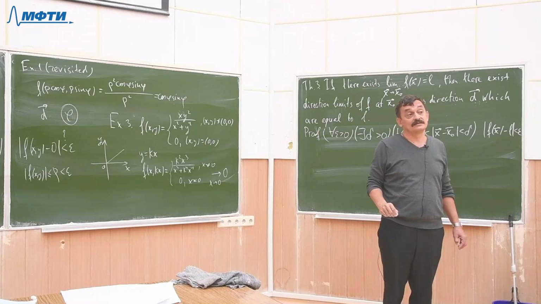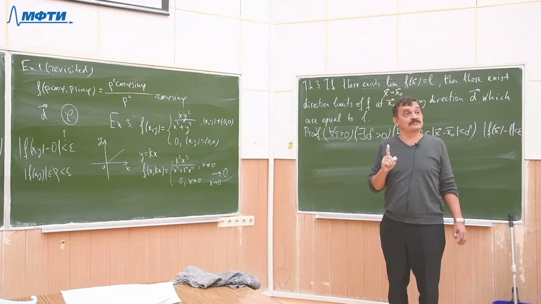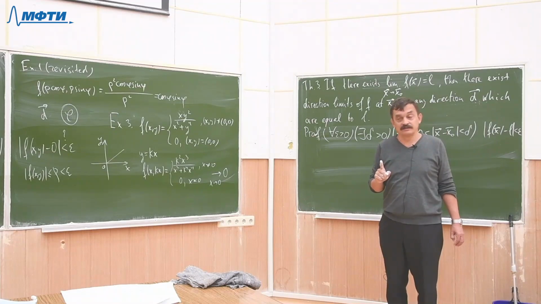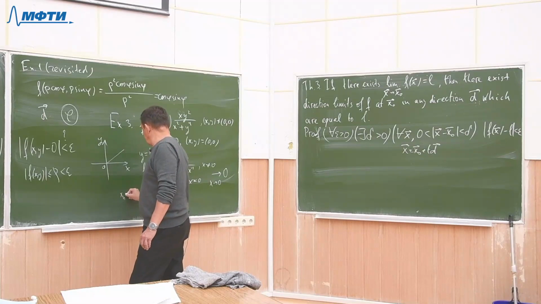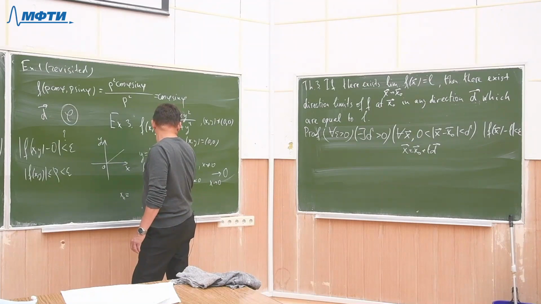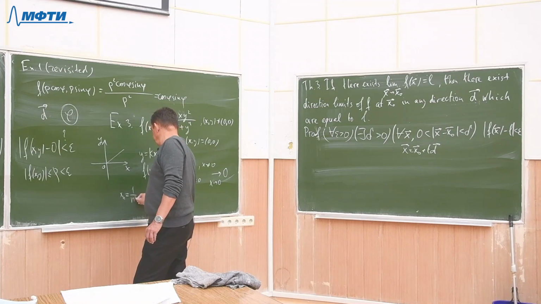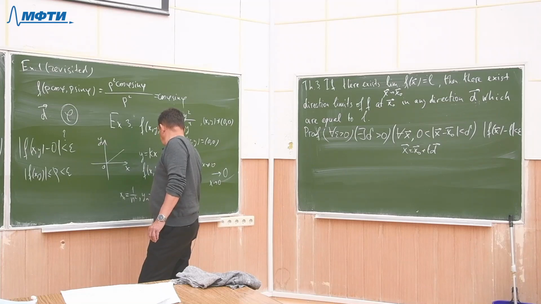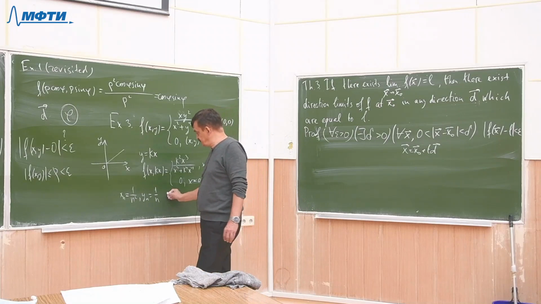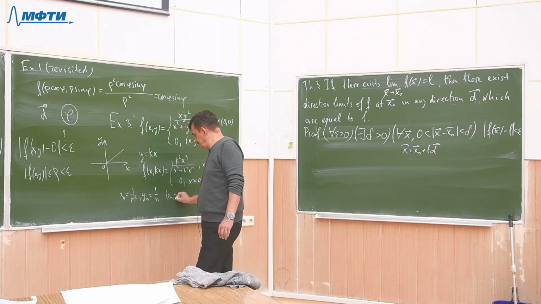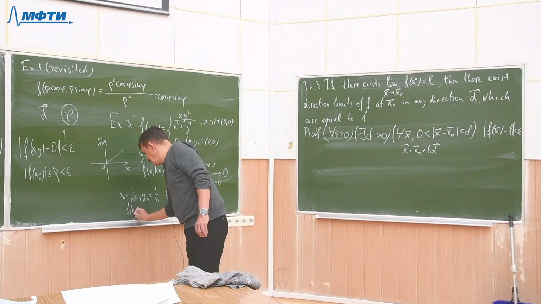It means that we have limit in any direction equal to 0, but the function has no limit. Why? Because if I choose x n equals 1 over n squared and y n equals 1 over n, then of course this sequence tends to 0. But what about f of x n, y n?